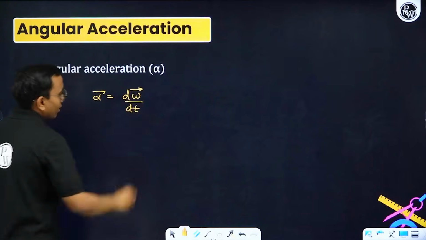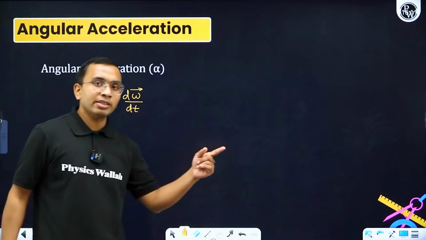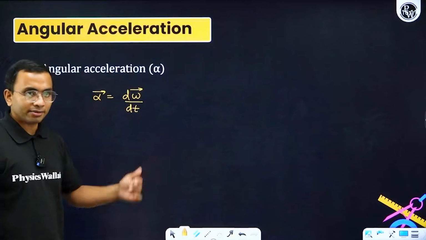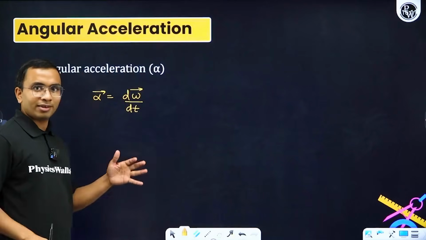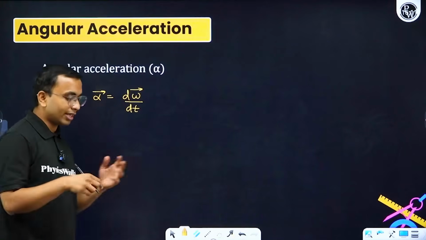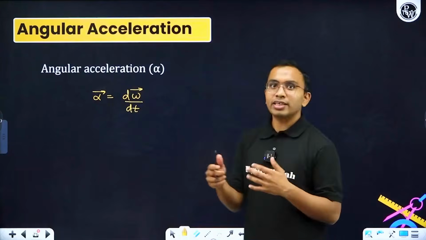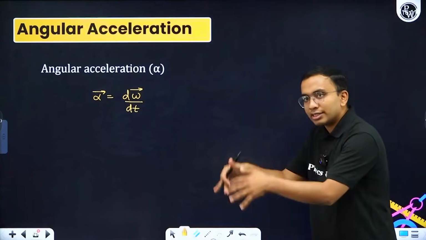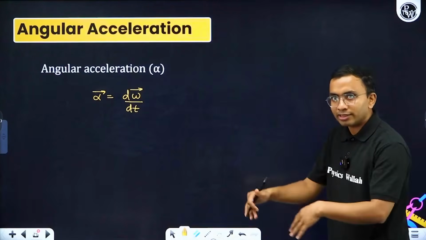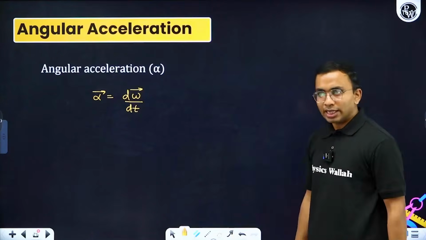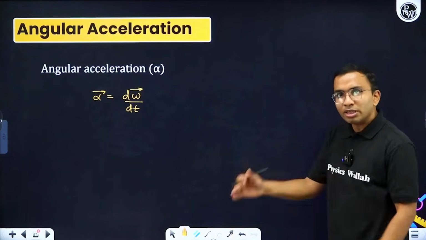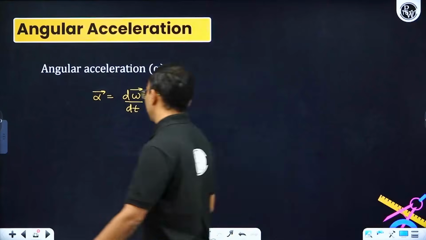Simple. If alpha is positive, omega will be increasing. It depends in which direction it is. If they are both in the same direction, omega will be increasing. If they are in opposite directions, omega will be decreasing. That is the concept basically.